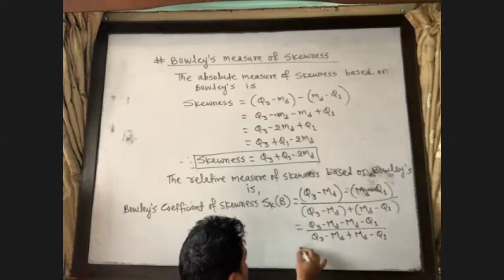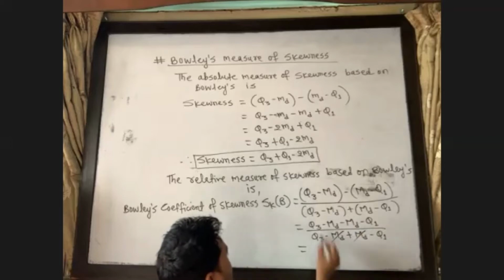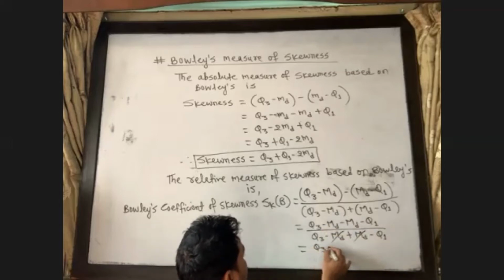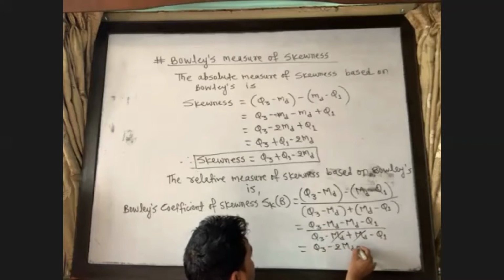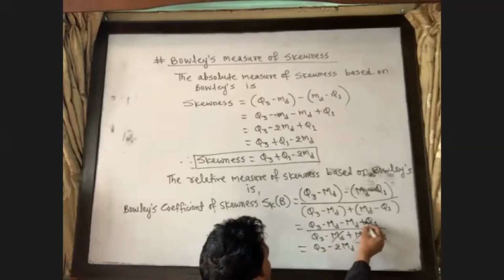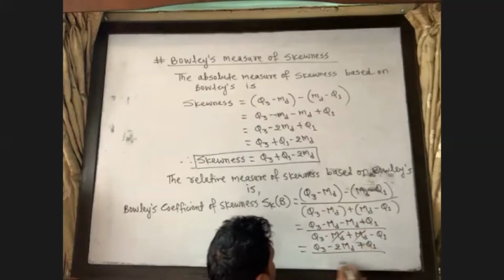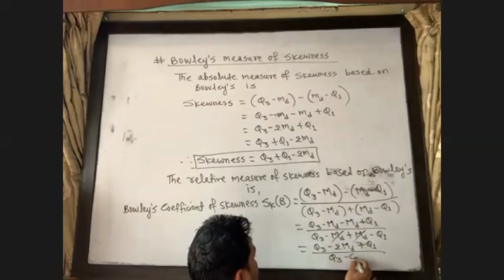Now let's simplify it. MD and minus MD cancel. On top we get Q3 minus 2MD plus Q1, then divided by Q3 minus Q1.